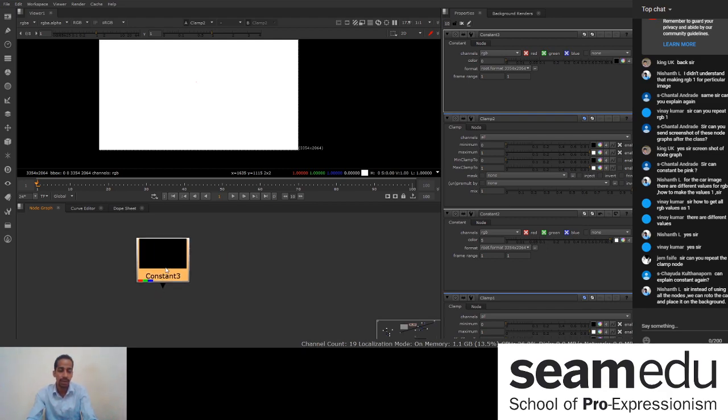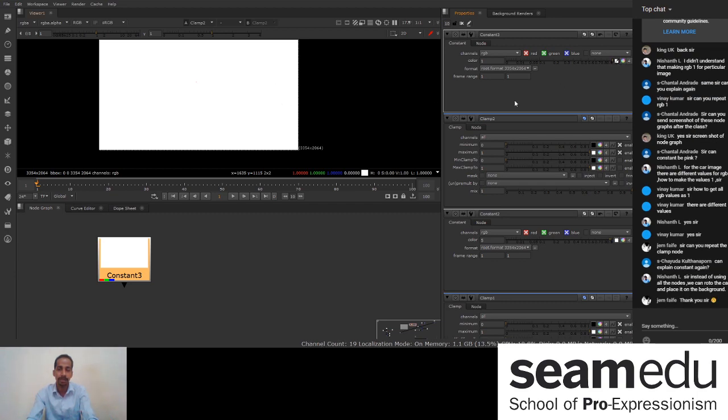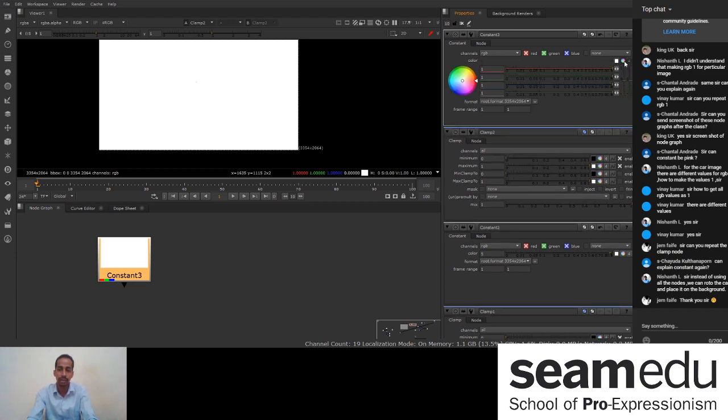In After Effects terms, it's a layer which has a solid color. So you can put any color. You can add values not just between 0 and 1. But if you see right next to it, if you click, you can have a sample. But if you don't want a sample, you want to give some other color, you can click on the color board, drag this circle and move it anywhere.